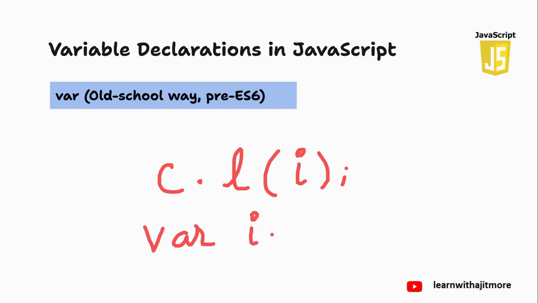Listen carefully, yeah? These are some important concepts which are from an interview perspective also very important. So console.log, I'm printing the value of i, and the variable i is declared later. Getting? So you're declaring later and using first.